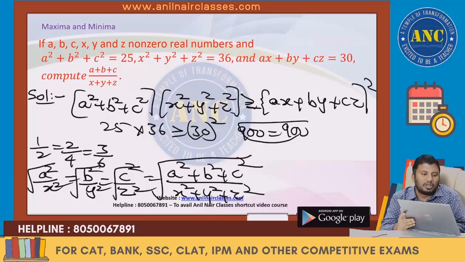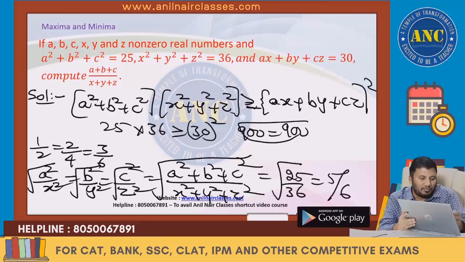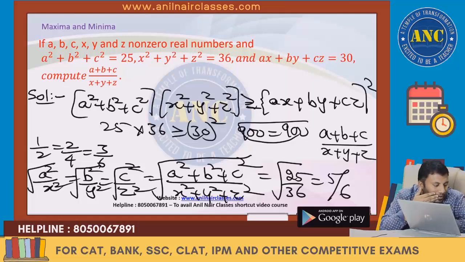Am I right? So this is nothing but root of 25 by 36, which is 5 by 6, which is again nothing but A plus B plus C divided by X plus Y plus Z. Right? I hope it is clear.